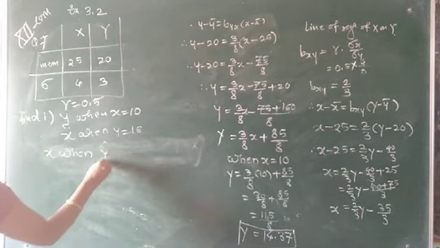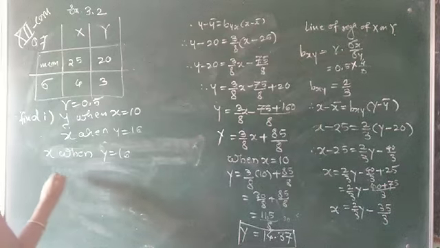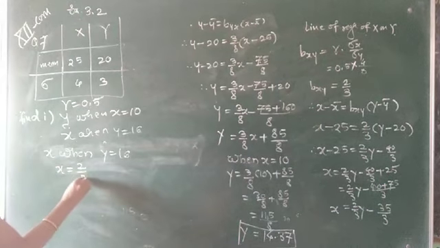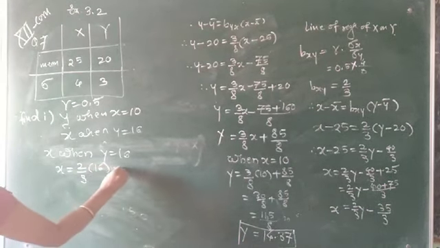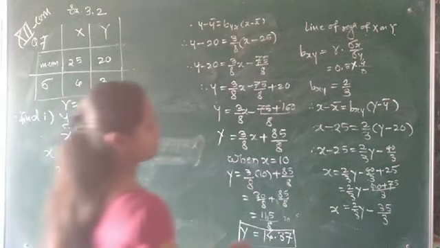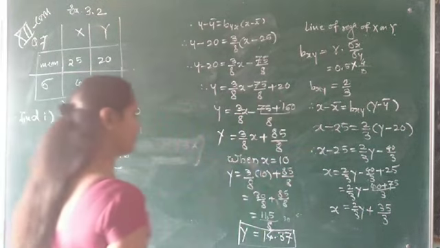X when y is equal to 16. Therefore x is equal to 2 by 3 into 16 plus 35 upon 3.